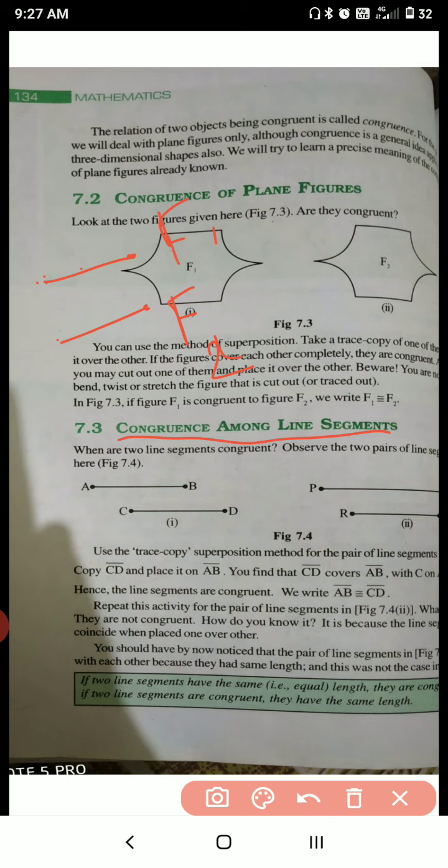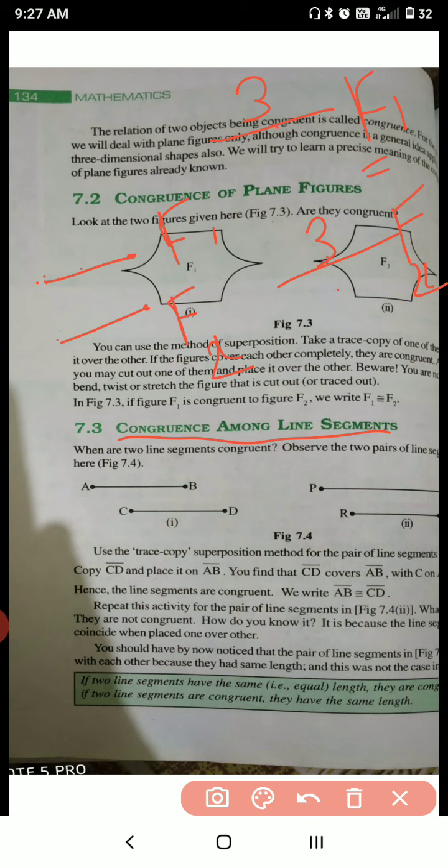Or suppose measurement is also given, 3 centimeter and the next measurement 3 centimeter. Both are the same because the measurements are the same. So figure 1 equals figure 2 because they are congruent, their measurements are equal.